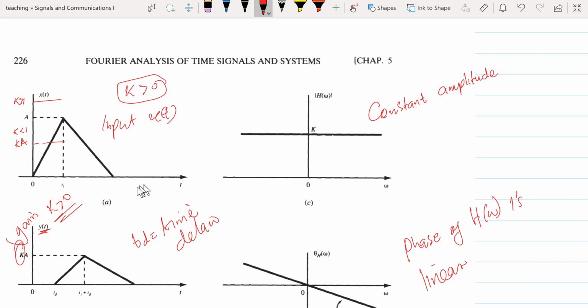The other thing is that if the only thing the system does is introduce some delay, so that initially the peak of the signal happened at time t1, but the signal we receive on the other end comes with a 2 second delay, at t1 plus 2, with 2 being the td, that system is said to be distortionless.